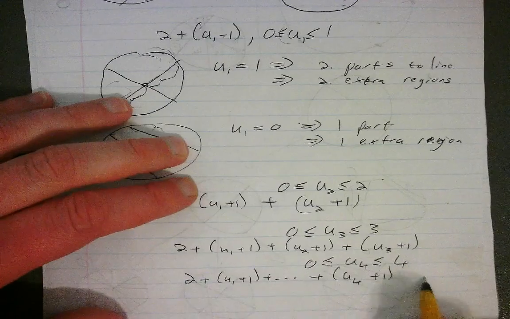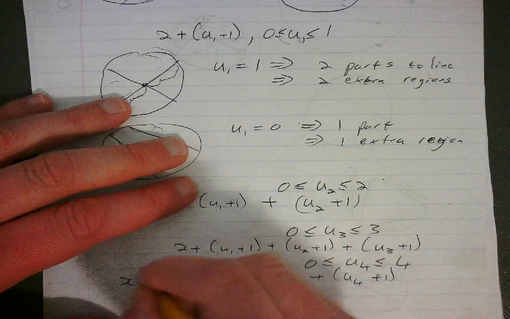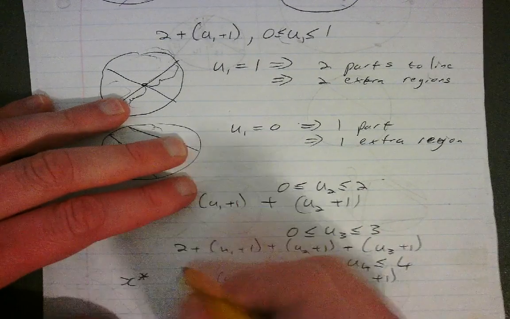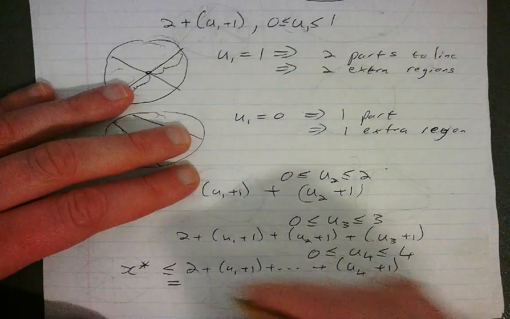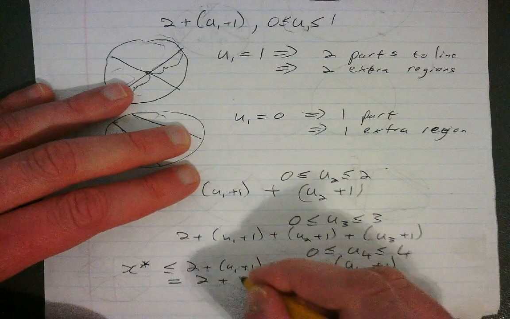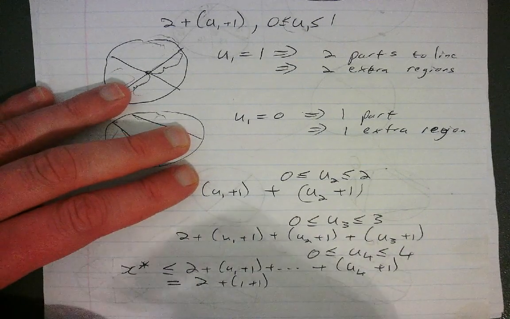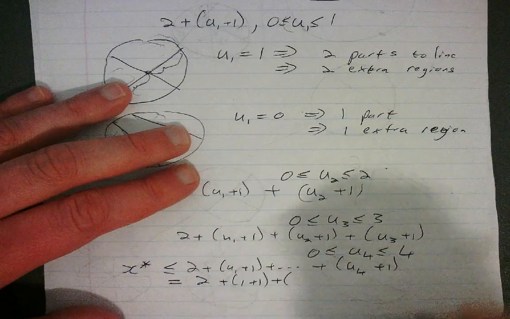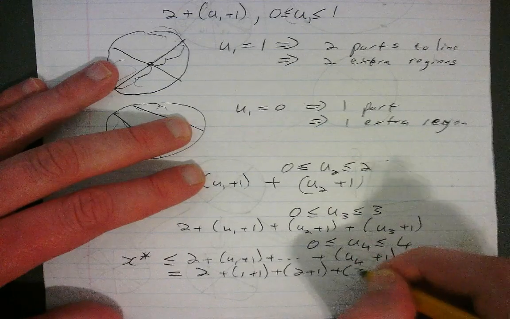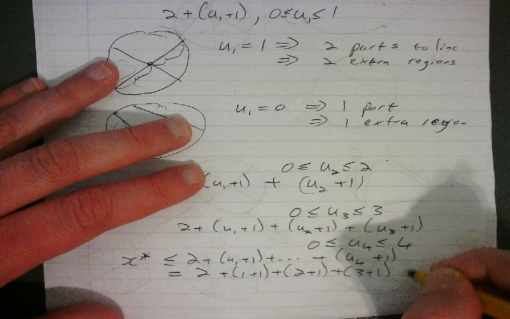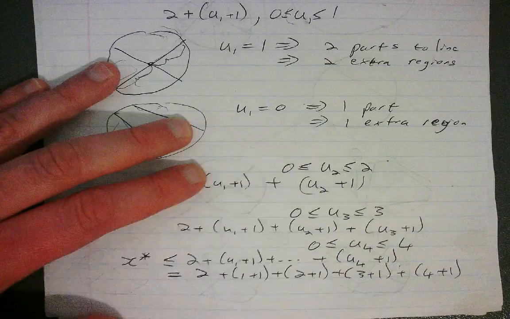And this is the number of cuts in the image. So the maximum is when U1 is 1, assuming that that is even possible, and U2 is 2, assuming that's even possible, U3 is 3, and U4 is 4.